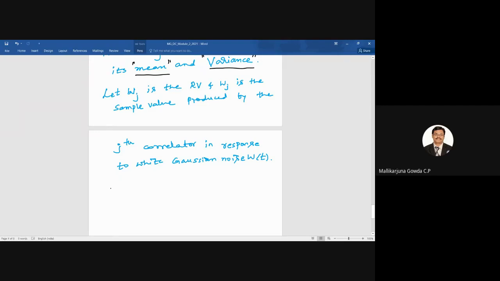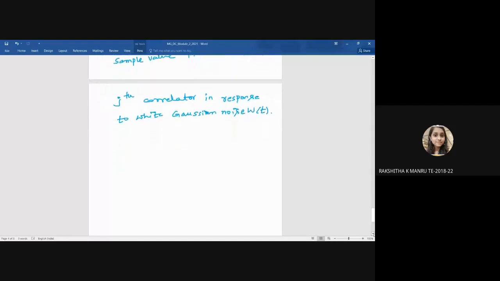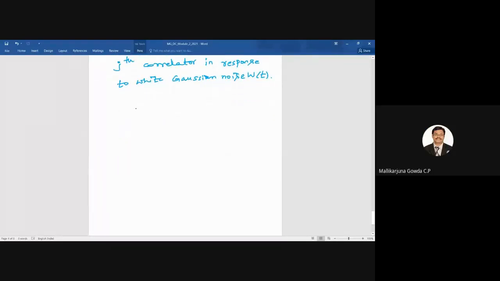In the same way, the random variable wj is also characterized by its mean and variance.